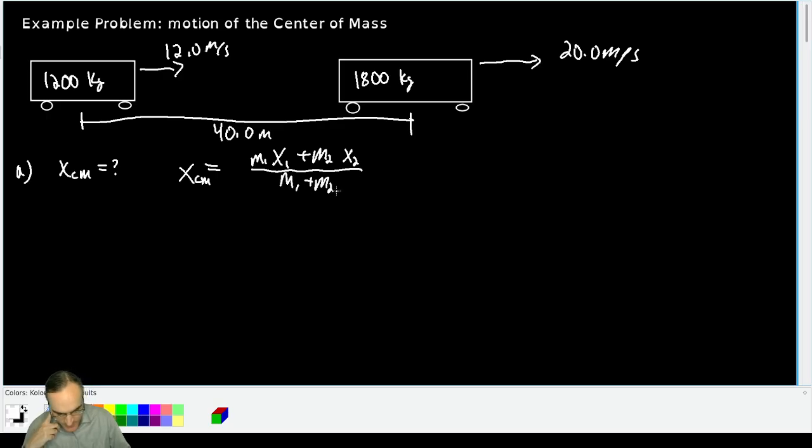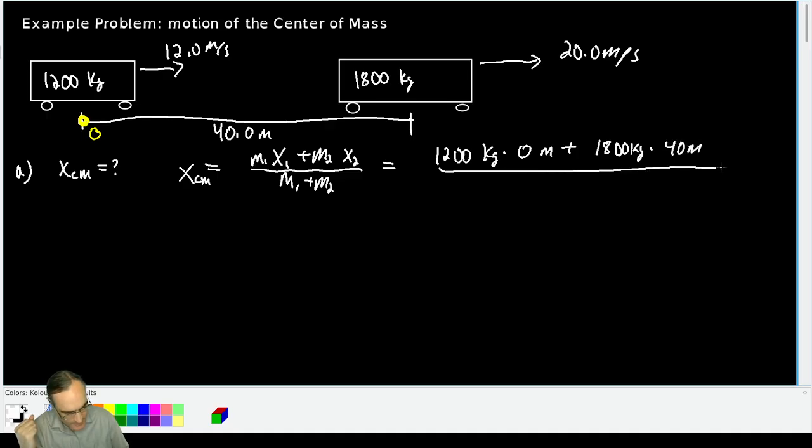But in order to do this, we need to have an origin for our coordinate system. For convenience, I'm putting the origin of the coordinate system at the station wagon. So that means I'm going to get 1,200 kilograms times 0 meters plus 1,800 kilograms times 40 meters all over 1,200 kg plus 1,800 kg.